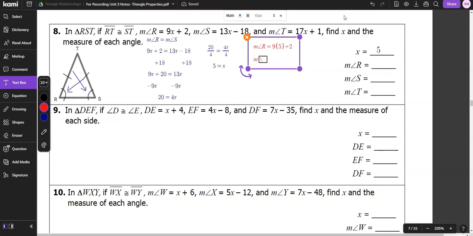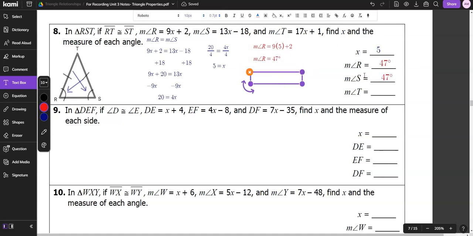So the measure of angle R is going to be 47 degrees. And since R and S are congruent, that is going to be 47.